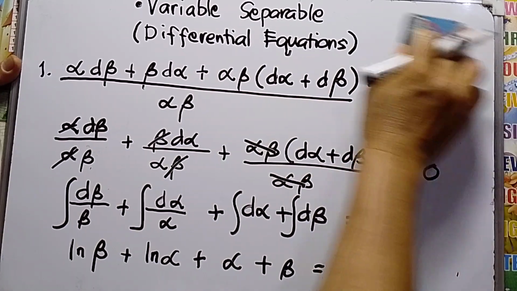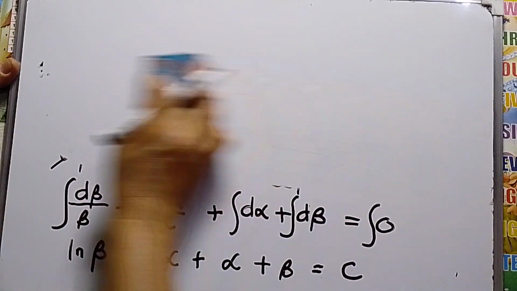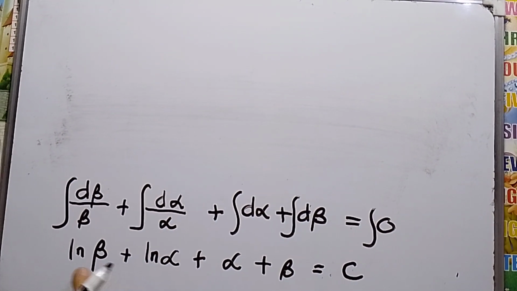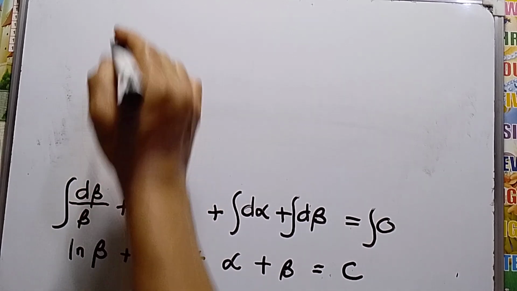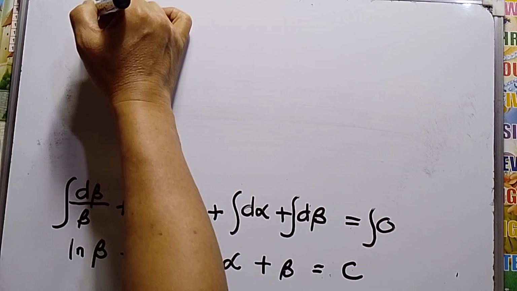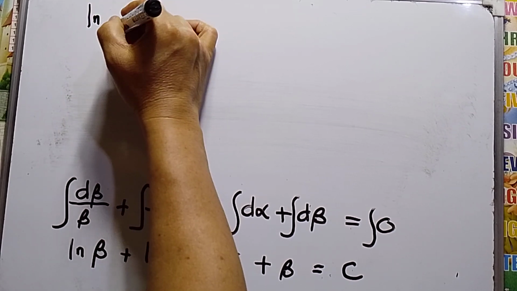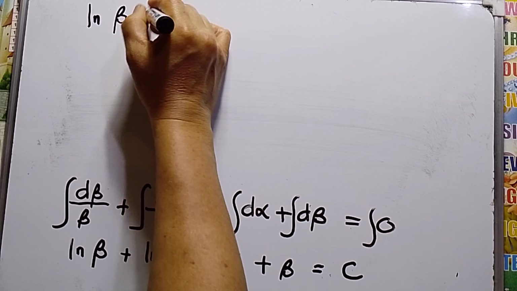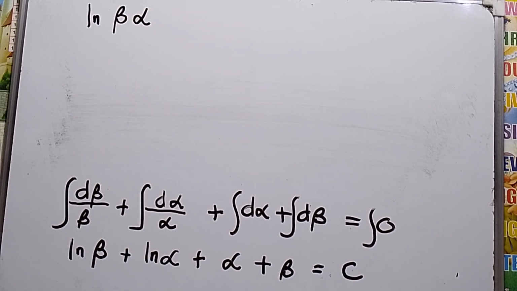Okay? So I need to erase this one because I have a limited space on my whiteboard. Okay, so using our trigonometry, ln beta plus ln alpha, I can write this one as ln of beta and alpha. That will be multiplication.